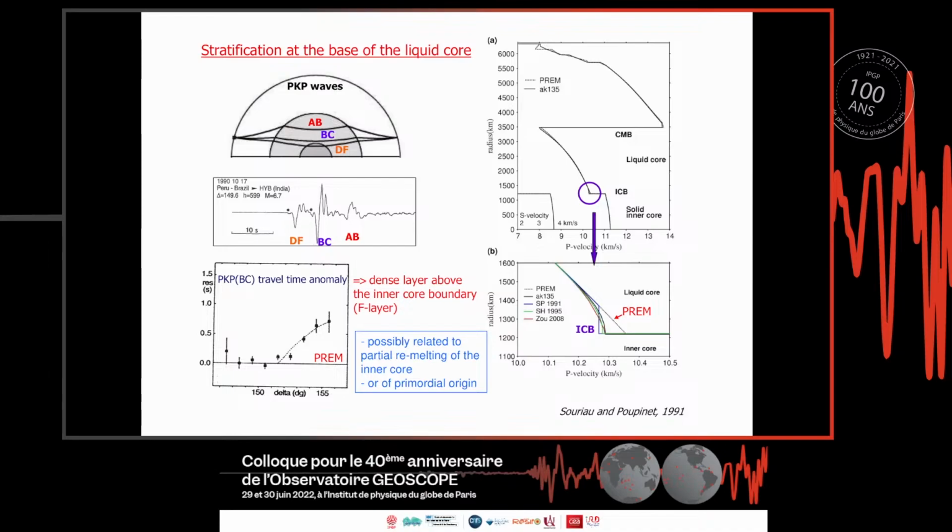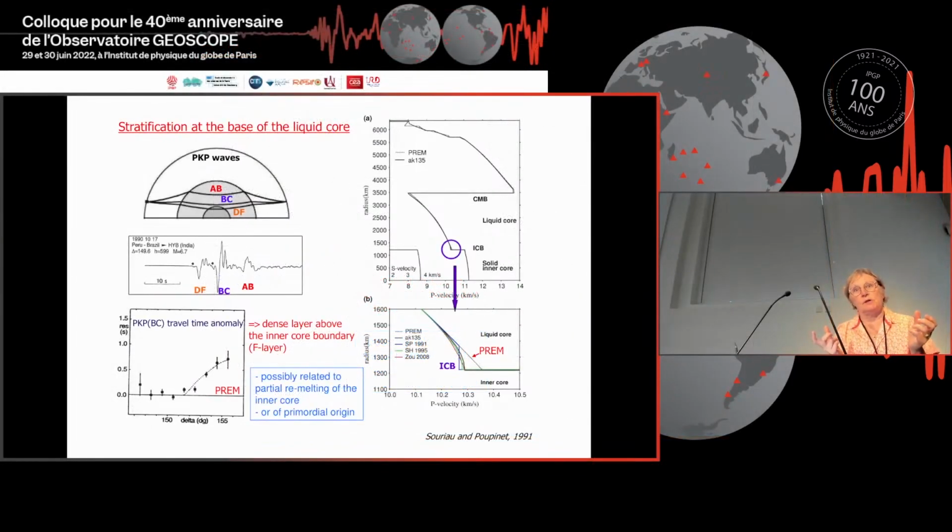Possibly because there has been a refreezing of the inner core, and because the inner core was depleted in light elements, it gives a melt which is also depleted in light elements. Or another possibility is that this layer was pre-existing, I mean that it was a primordial structure which formed during the differentiation of the Earth at the very beginning. So it's an interesting feature.